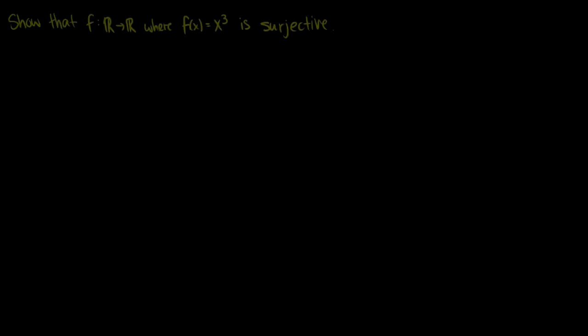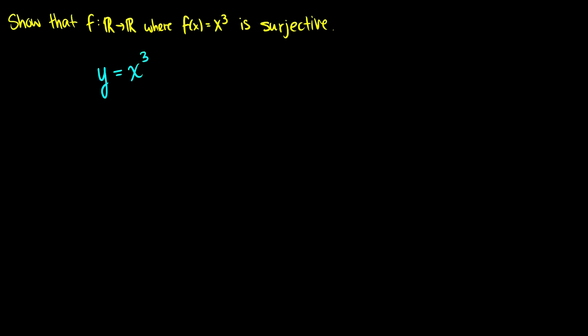In this video, we're going to do 2 questions related to surjective functions and counting. So for the first question, we want to show that f from R to R, where f of x is equal to x cubed, is surjective. So what this means is we're going to set y equal to x cubed, and we want to show that all y's are going to be able to be produced from values of x.